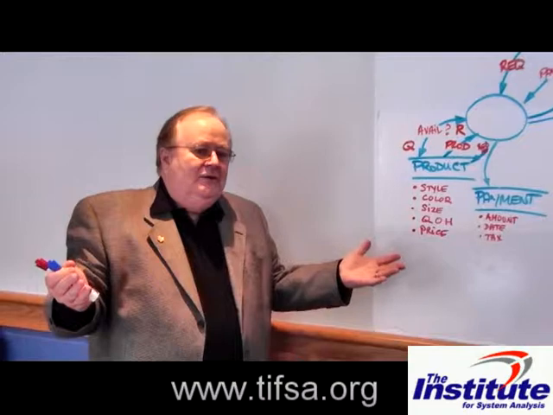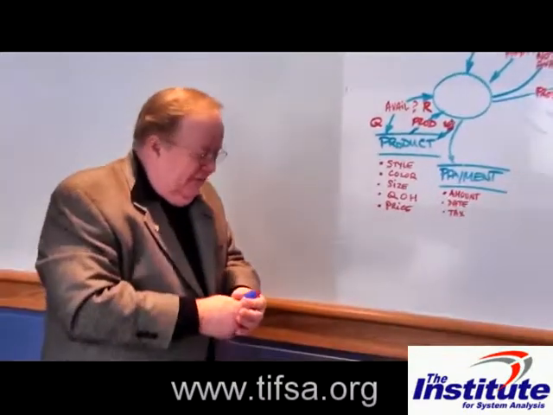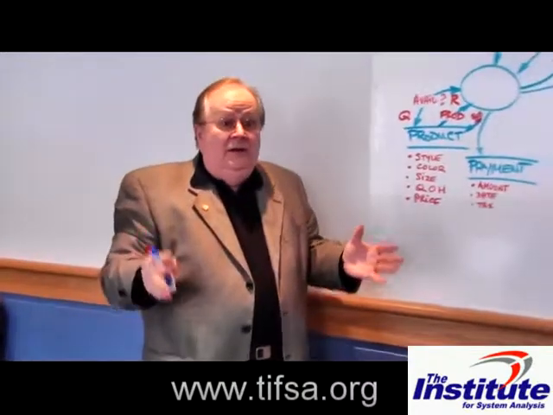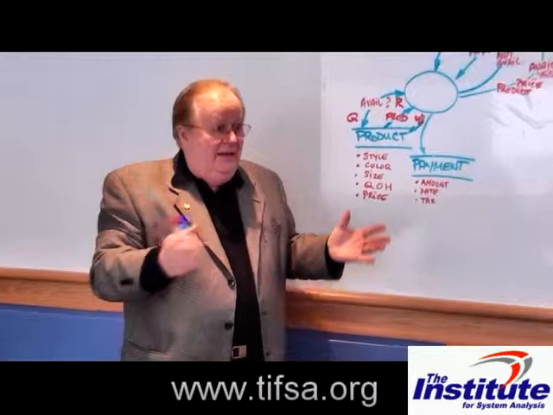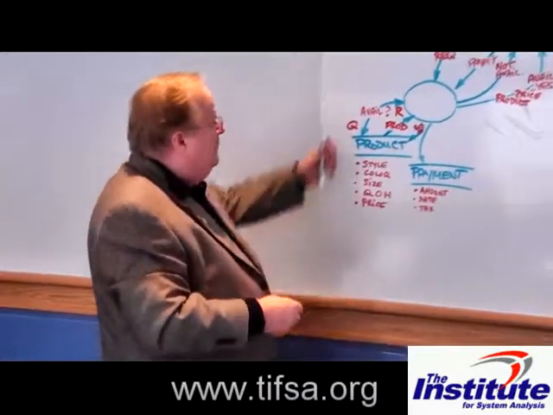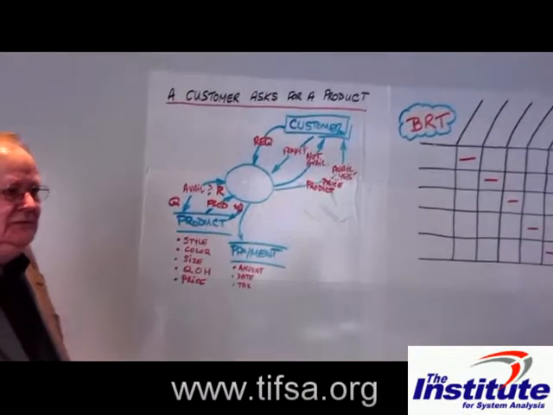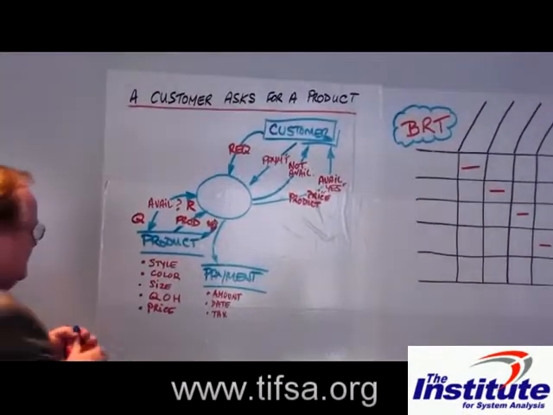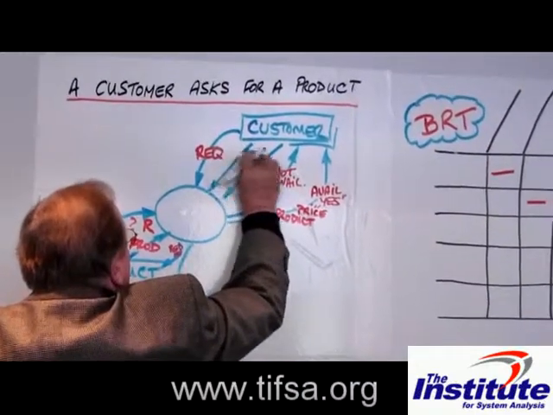In talking to the clients and subject matter experts, we find out that we want to keep track of the clients that buy stuff from us, that give us payments. So, what do we have to do then? We have to ask the customer who they are. So we're going to get some customer information. I'm going to put that up here.